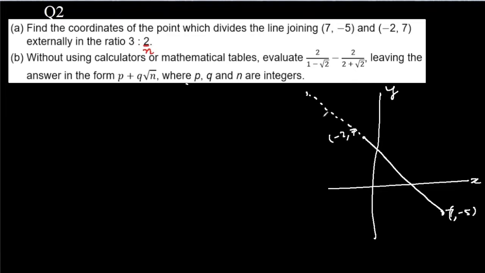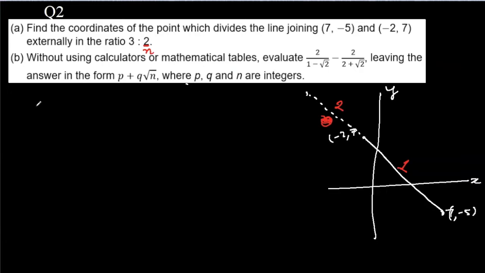So this is the part n, so that the total becomes 3. If this is 1 unit, n times, that means 2 times is added, and the total becomes 3 times. That's what 3:2 extension, or dividing externally, means.